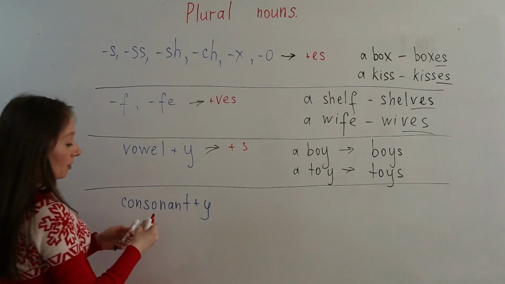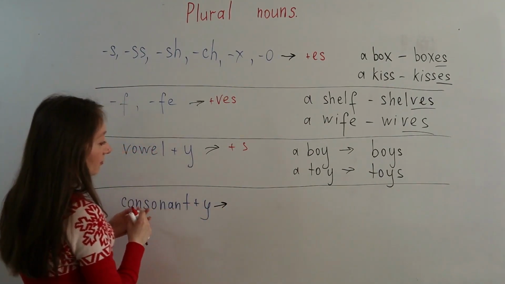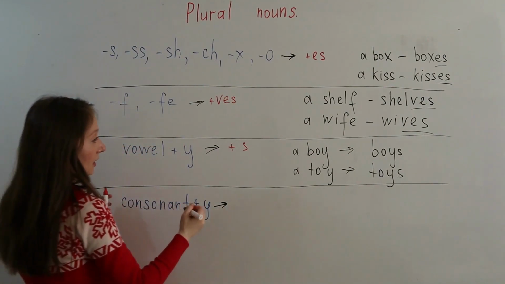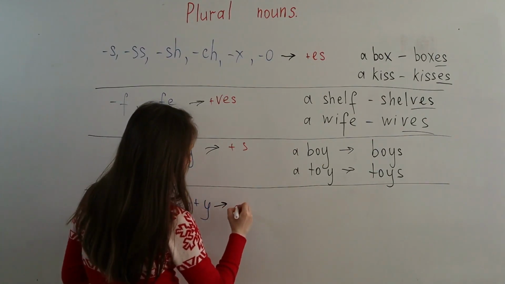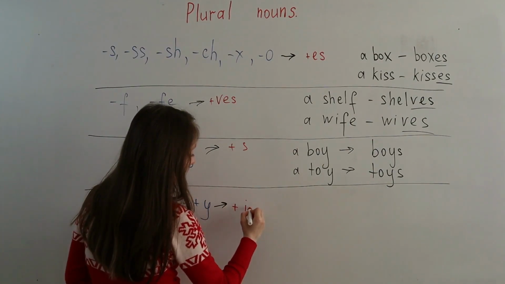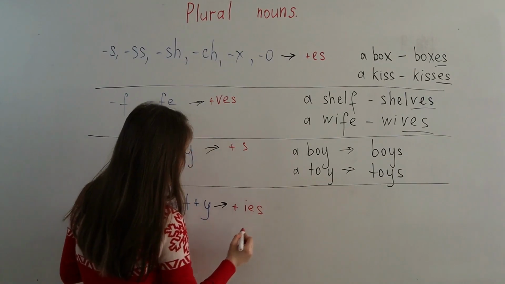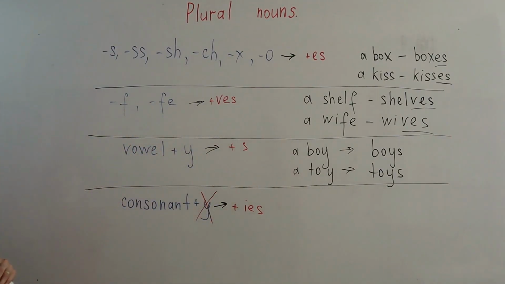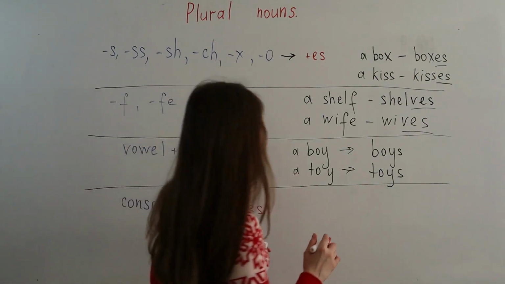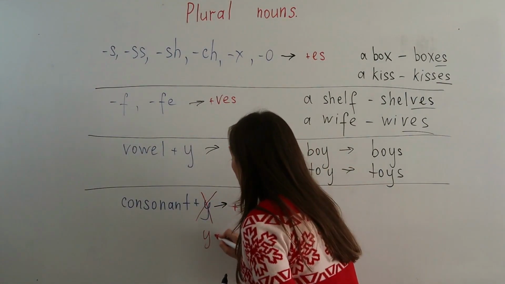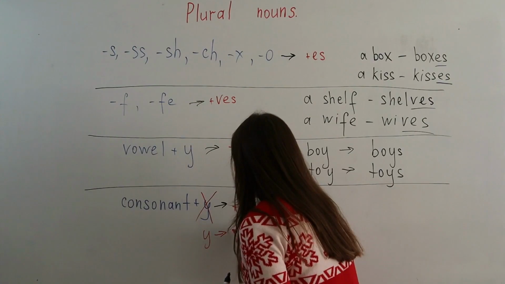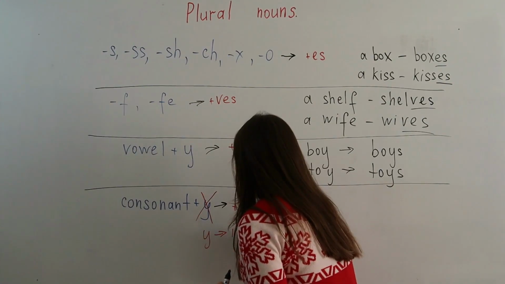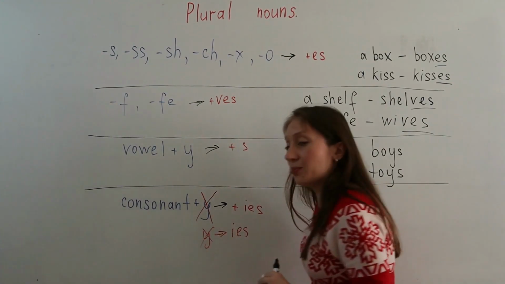So in plural form, we will have ies. But we have to cross out the letter y here, right? I will explain how. So you change y into ies, so the y disappears.